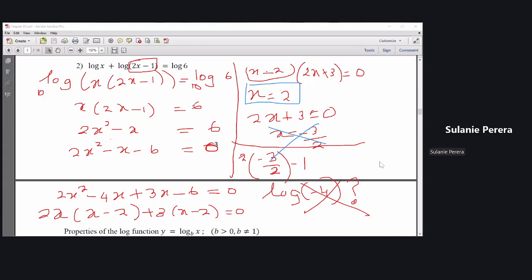Did you all understand? If you get a negative answer, you have to check whether it satisfies this, because log is not defined for negative values.